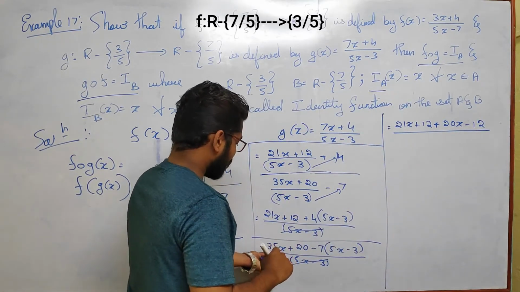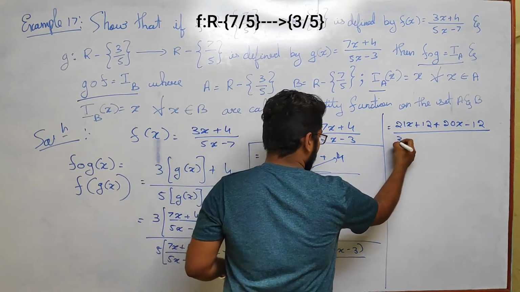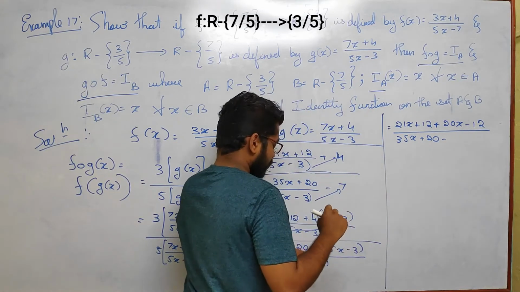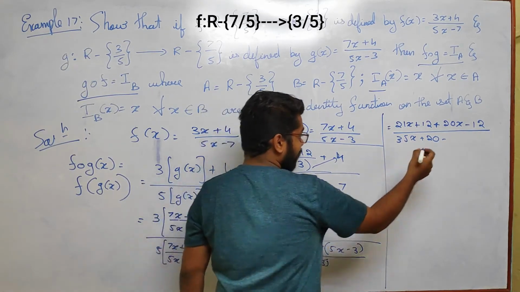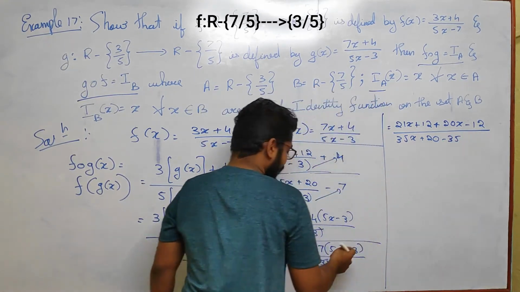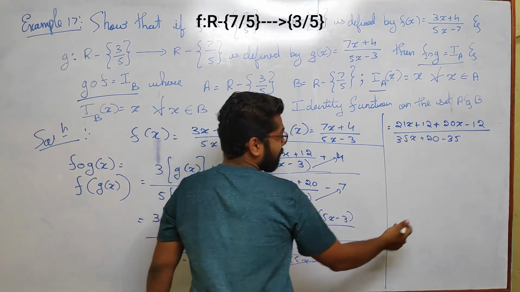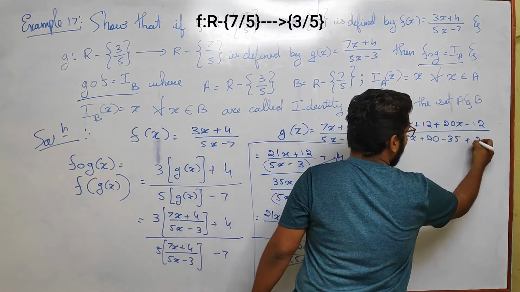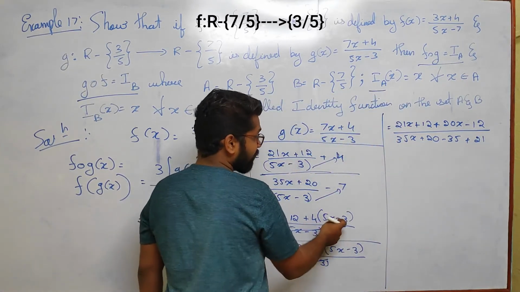Next 35x plus 20 minus, what is this? 7 5s are 35, minus 7 21, plus into minus is minus 12.